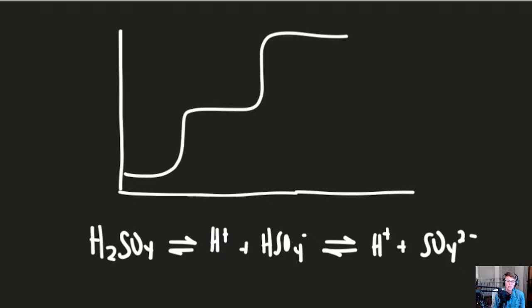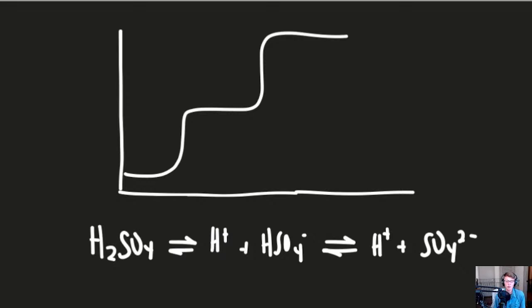Because the first hydrogen that we're losing is the easiest to lose. So it doesn't actually require as high of a pH to be lost. It could be lost at a pretty low pH. And so we just aren't going to see a change until we actually get a pH shift. And so that's what we're seeing with this particular titration.